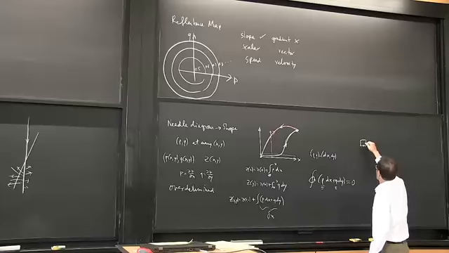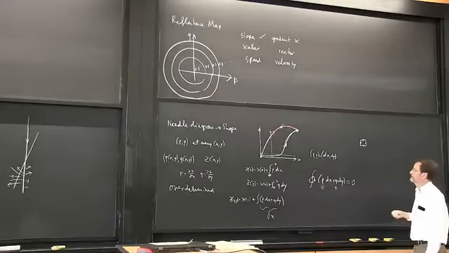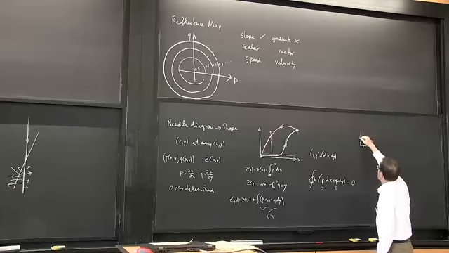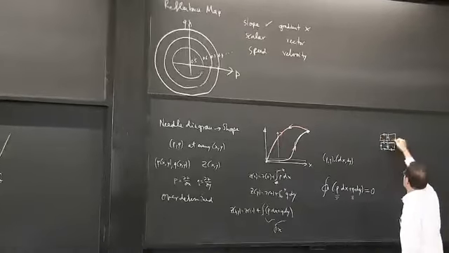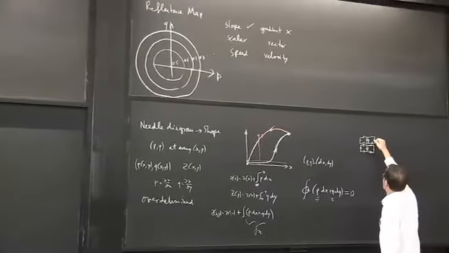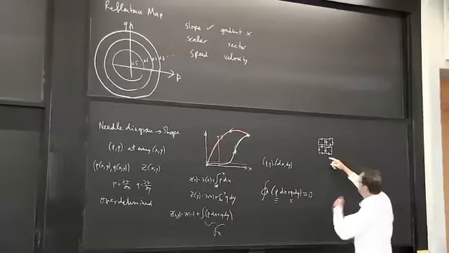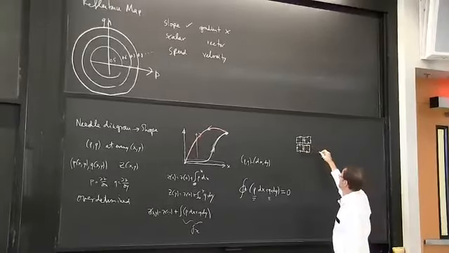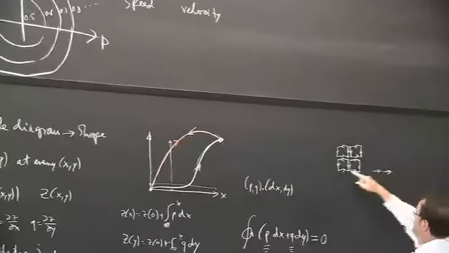So suppose it's true for that loop. Well, then I can put another loop next to it. And another loop. And now, rather than go around these 4 loops, I can eliminate the inner parts, and they cancel each other.